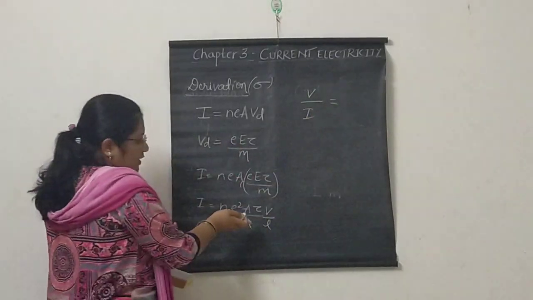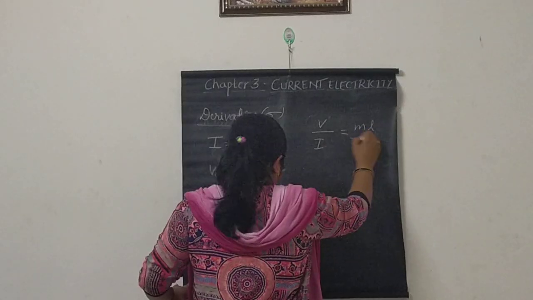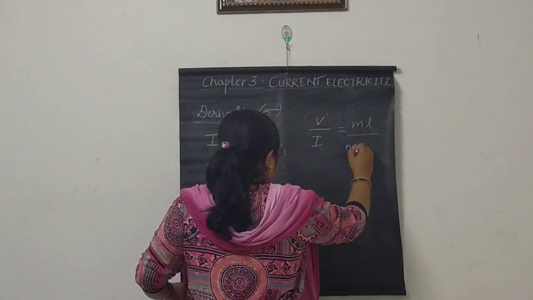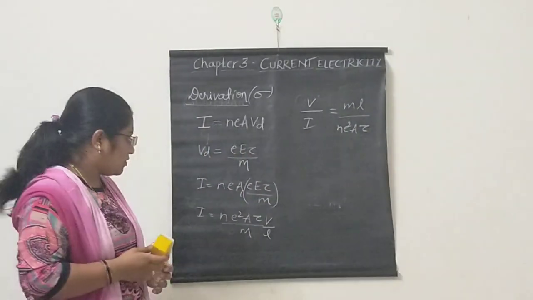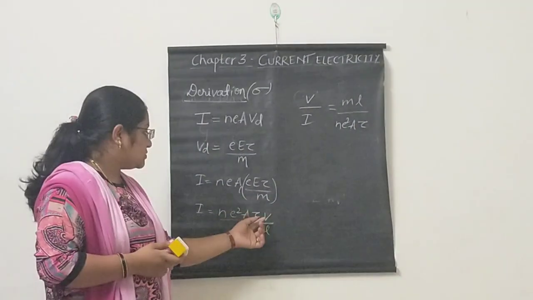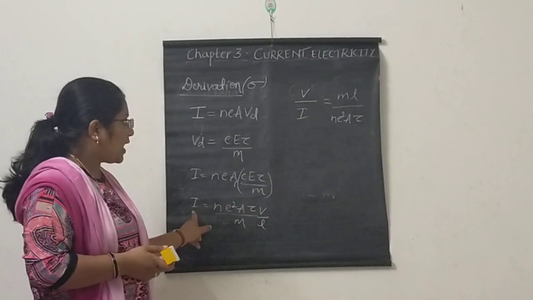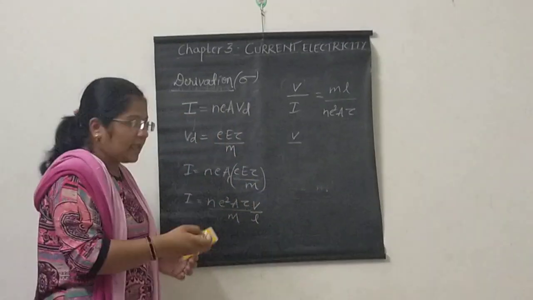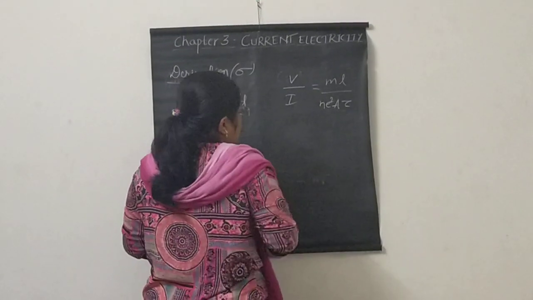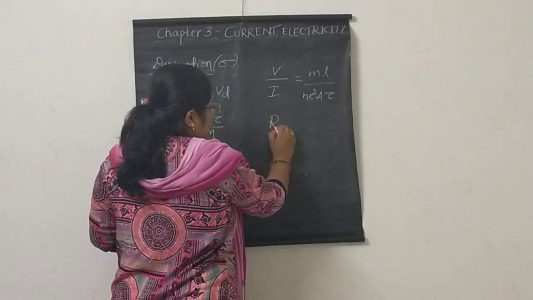So all these remaining quantities will move to the opposite side. So what we'll have? m L divided by n e square A tau. What I did is I just took the ratio of V and I. This V by I can be replaced by R, because the ratio of the potential difference to the current flowing is nothing but resistance.